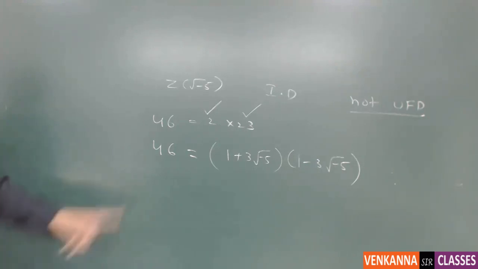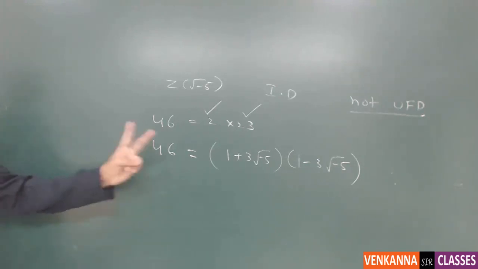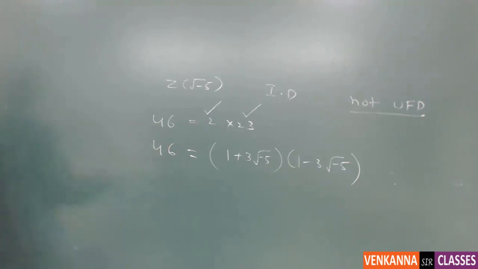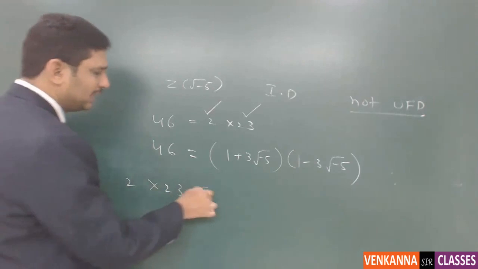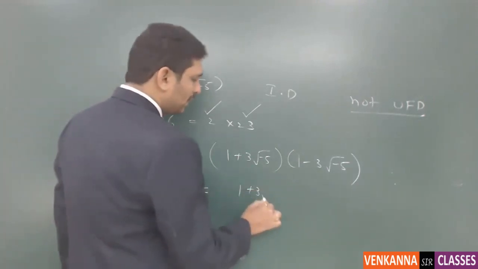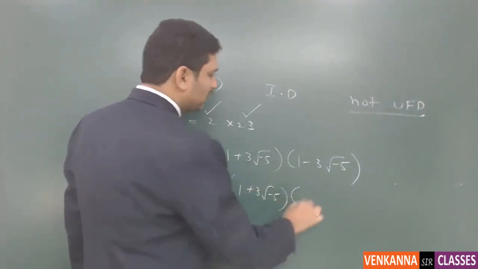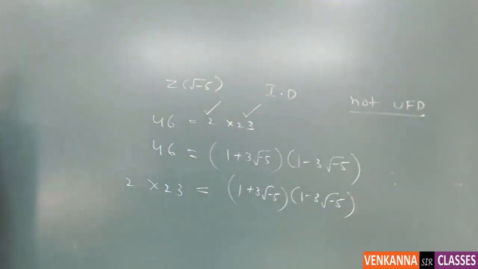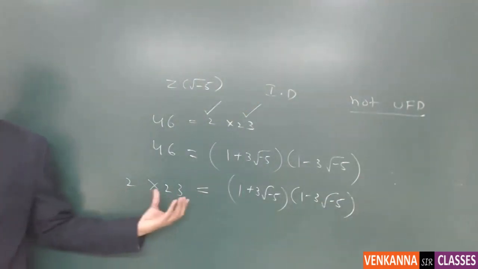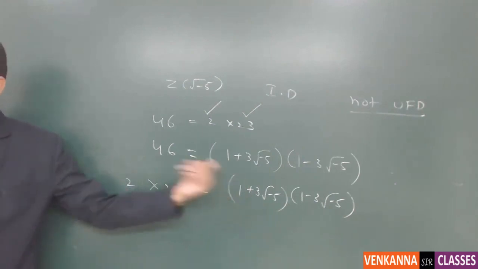So for a single number 46, I have given two representations. Just now you have asked. So this is the thing that 2 into 23 is equal to 1 plus 3 root minus 5 into 1 minus 3 root minus 5. So here on the left hand side you have different values. On the right hand side you have different values.